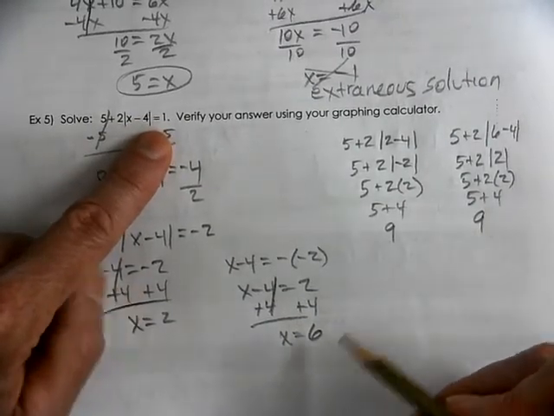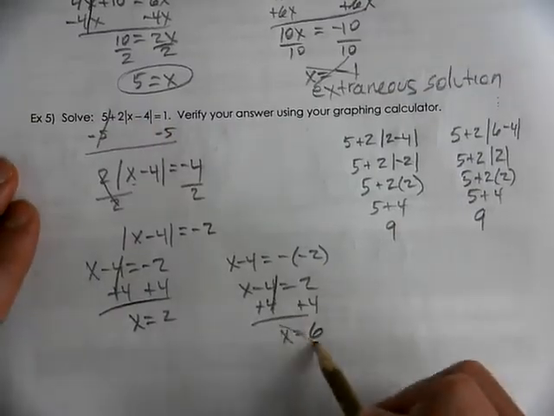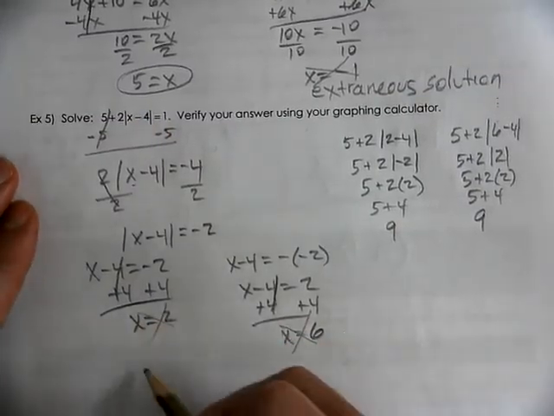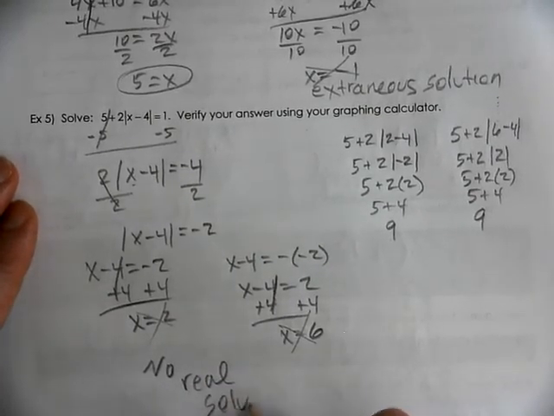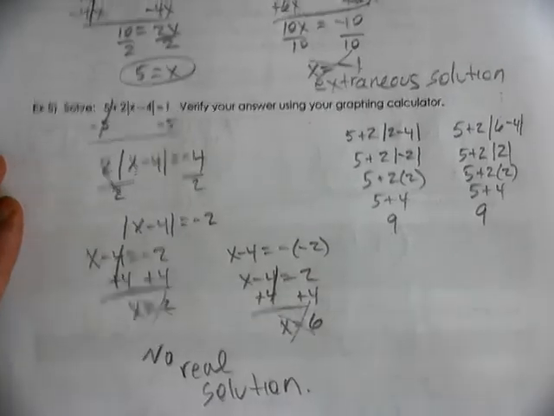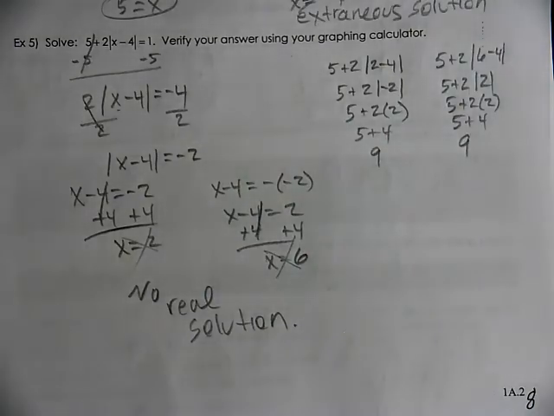These would be the two answers. But if we have a 1 there, it did not work. So neither answer is correct. No real solution. We typically would not consider that extraneous. It would be considered no real solution because there are no answers that are working.